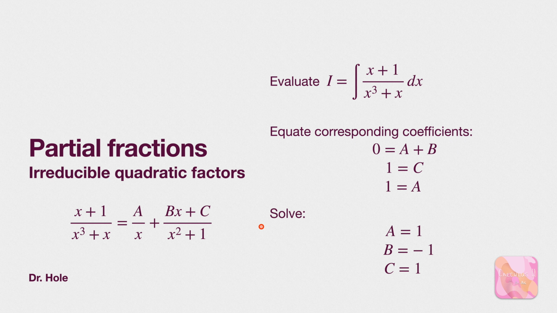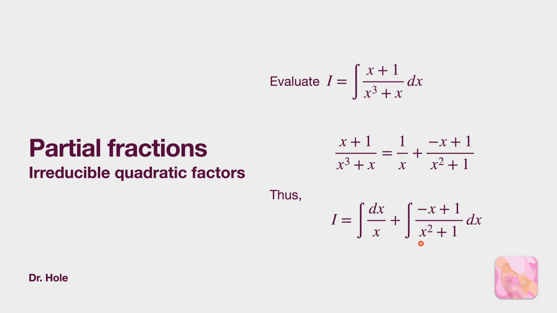Very good. So we can plug this back in and find that our integrand has partial fraction decomposition 1 over x plus negative x plus 1 over x squared plus 1. Use that to express the given integral as the sum of integrals: dx over x, that will evaluate to ln of absolute x, and then the rational function negative x plus 1 over x squared plus 1.